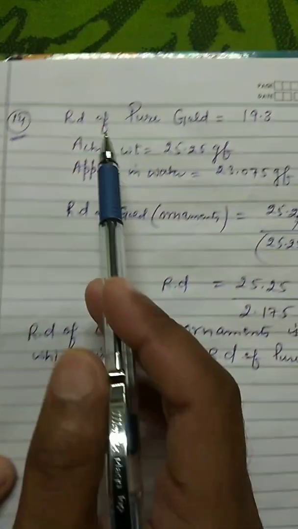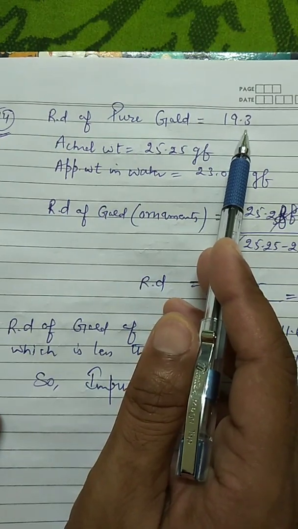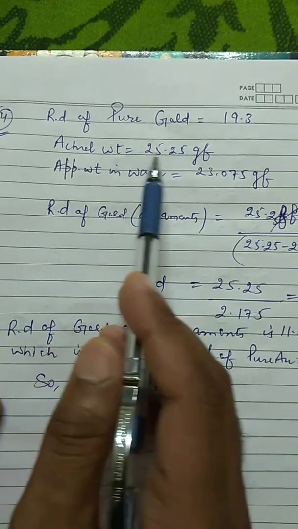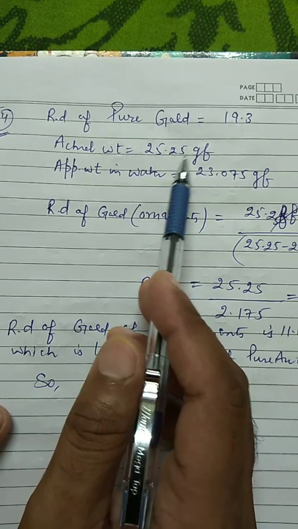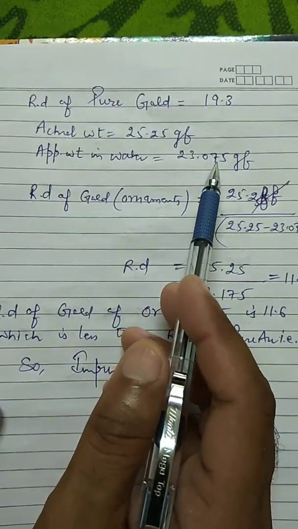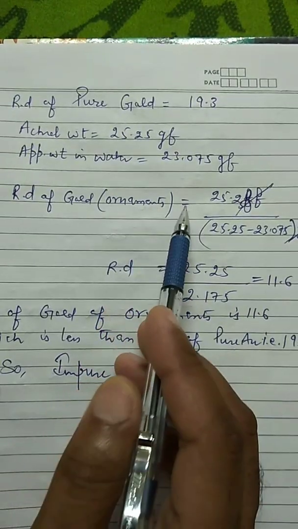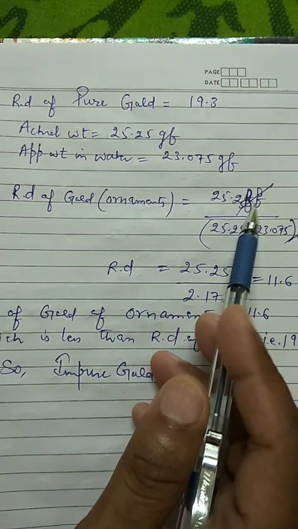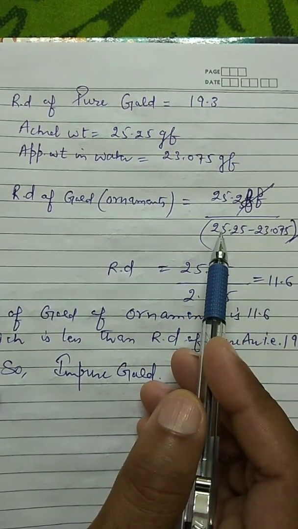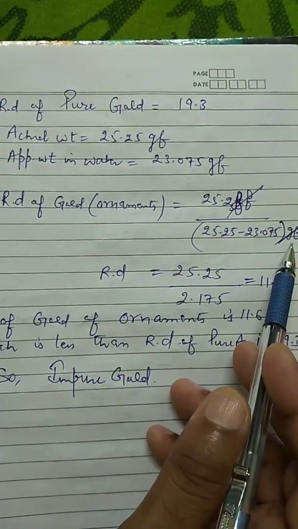In the 14th numerical, relative density of pure gold is given, that is 19.3. Actual weight of the ornaments is 25.25 gram force. Apparent weight in water is 23.075 gram force. So relative density of gold ornaments is equal to 25.25 gram force divided by 25.25 minus 23.075 gram force.